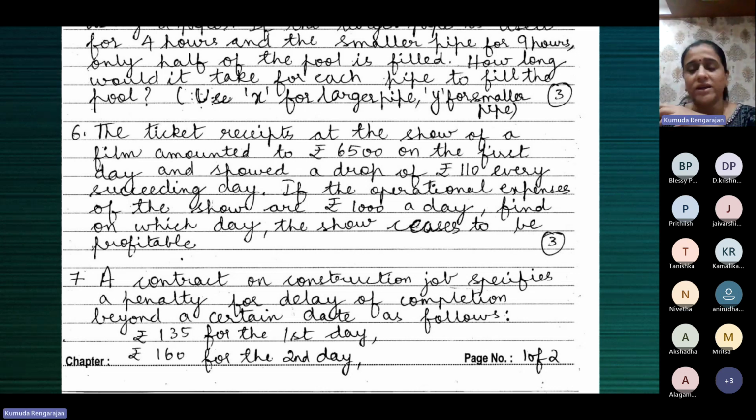Now they've given you that the operational expenses, that is, if they have to make the show on a particular day, they have this expense of 1,000 rupees. So you wouldn't like to go ahead putting up the show if you're going to earn less than 1,000 rupees. You want to have at least 1,000. Even if your operational expenses and your sales proceeds are equal, you wouldn't mind. At least you're not incurring a loss.